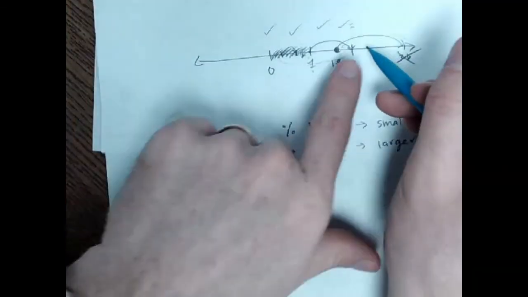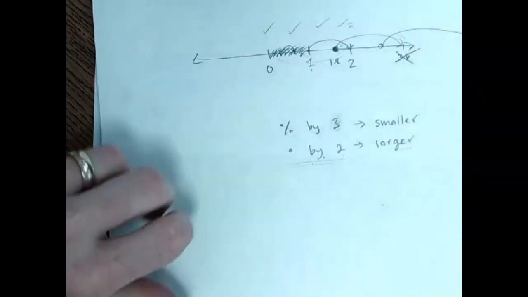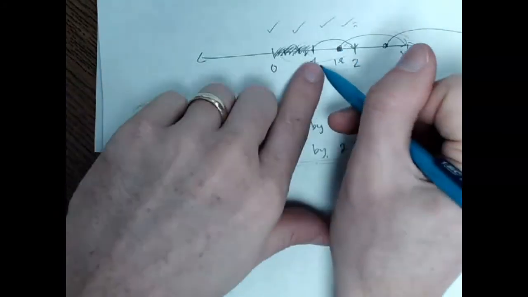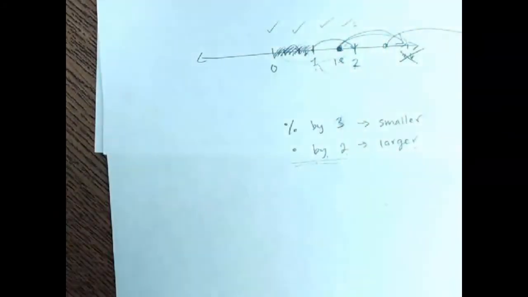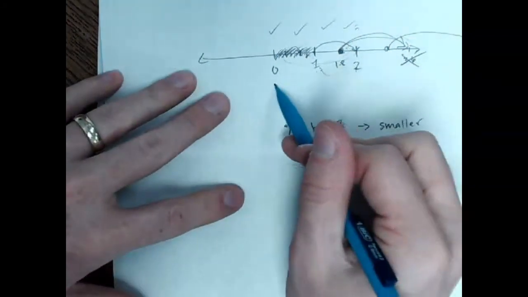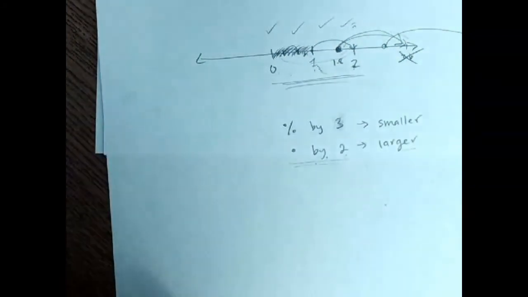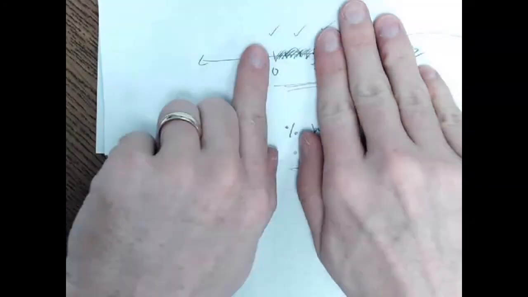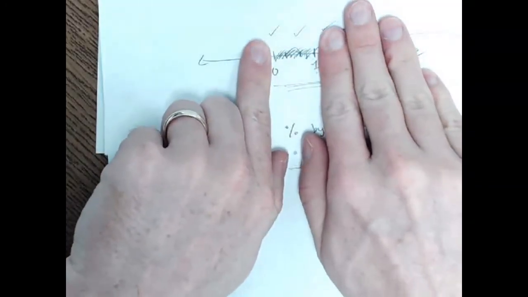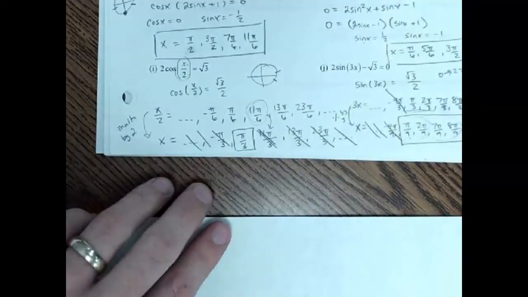Anything that started off too big is still going to be too big. Anything that started off inside, but was between 1 and 2, when you double it, it's going to become too big. If you want your final to be between 0 and 2, and you know what you were doing was making stuff twice as big, you really only needed the angles that started between 0 and 1. So you didn't really need this whole list.